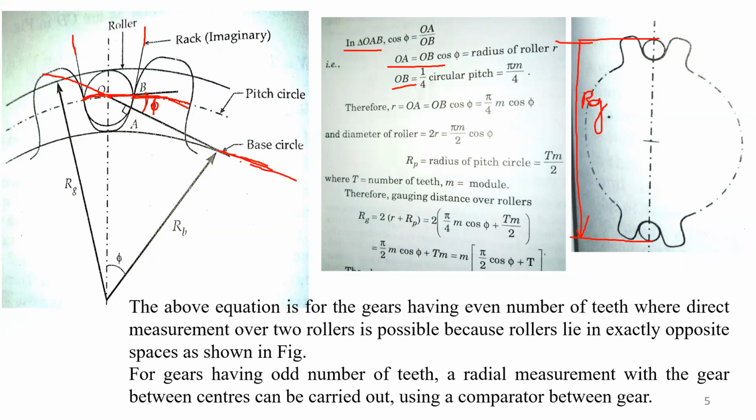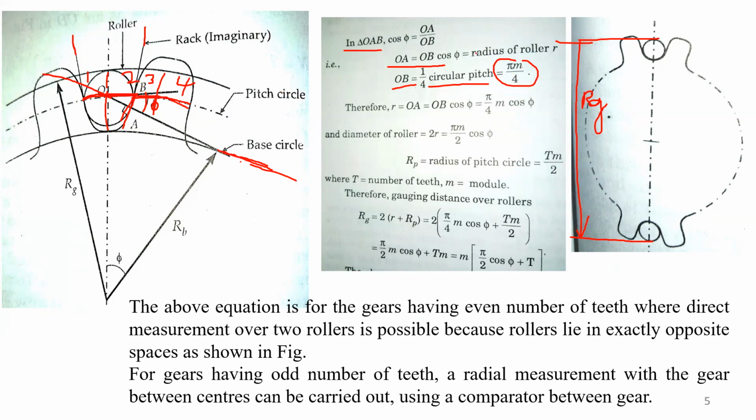This portion and this portion is 1/4 of the circular pitch. This is one portion, this is another portion, and this is another portion. If we divide the total circular pitch into 4 parts, this OB represents 1/4 of the circular pitch. The circular pitch is equal to pi into m, so 1/4 of it is pi m by 4. OB is equal to pi m by 4.